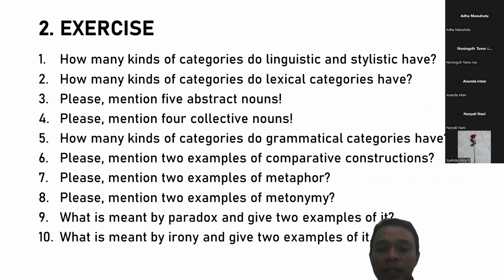As you can see, at the end of our discussion today, there will be an exercise section including 10 questions related to the topic being discussed today. I think it would be better to make it your homework, or your assignment, to check your understanding of our topic today.